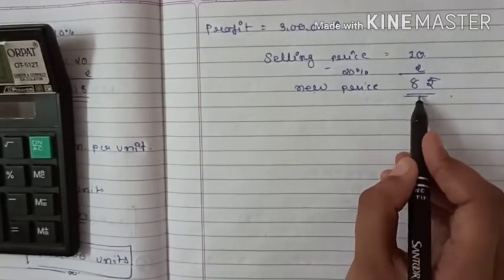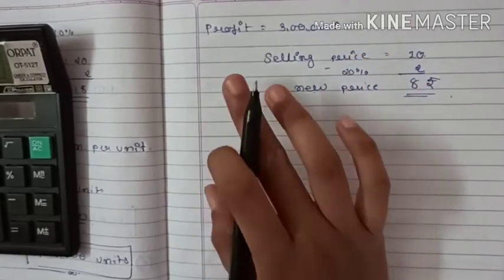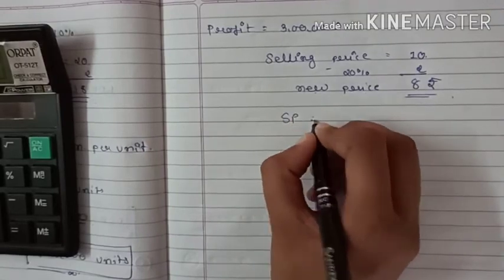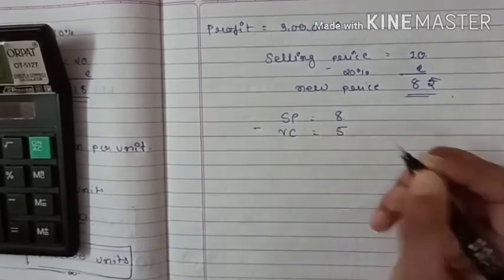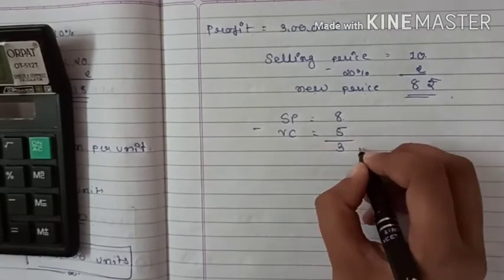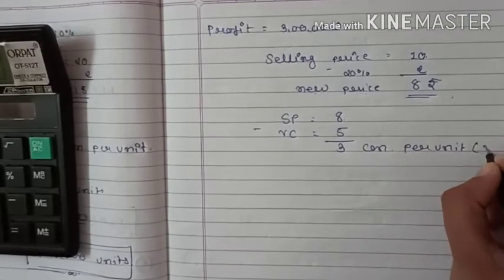For that we have to find out the new contribution per unit. So selling price is rupees 8 minus variable cost of rupees 5, 3 contribution per unit, new.